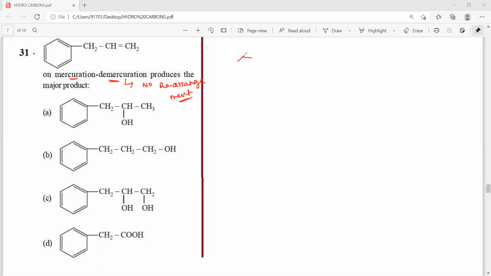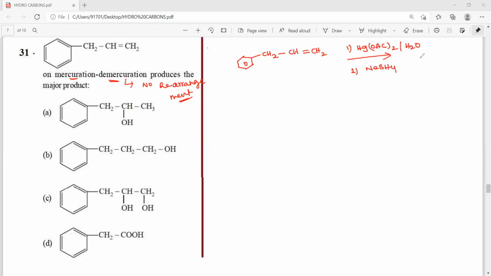Double bond CH2, then oxymercuration and demercuration. The reactants are mercuric acetate, Hg(OAc)2, followed by hydrolysis and reduction with sodium borohydride.